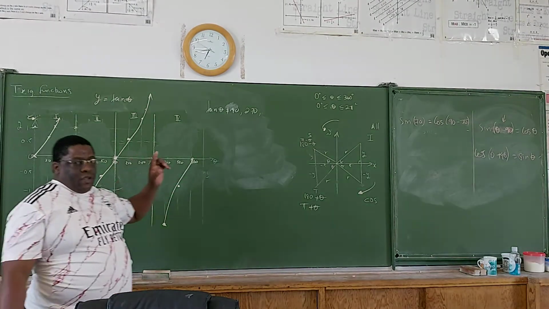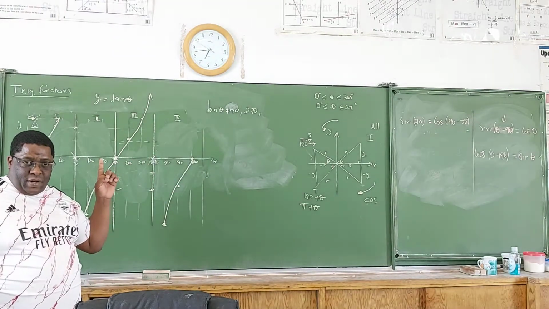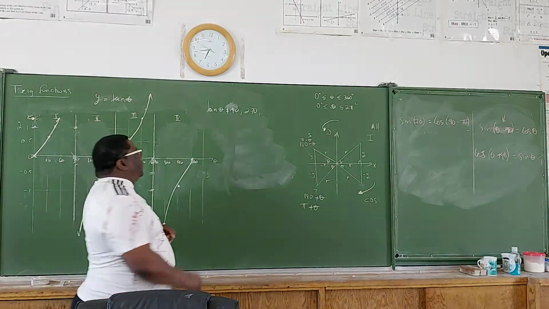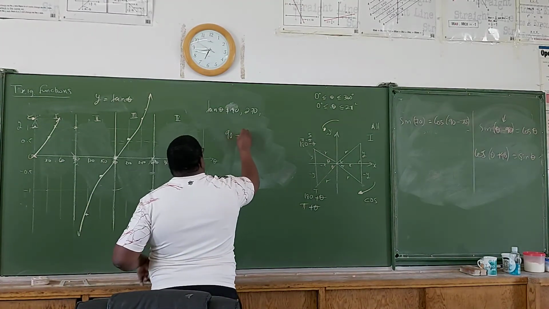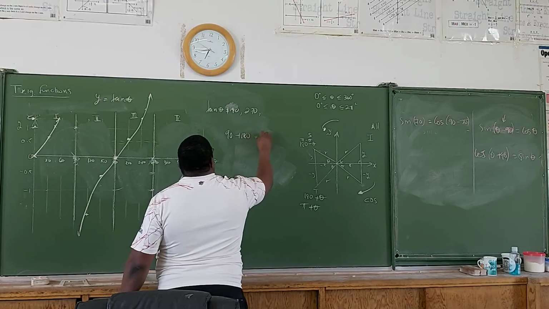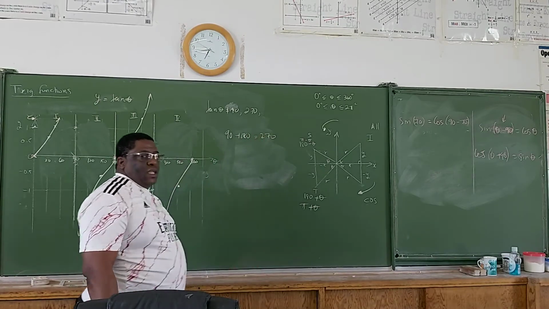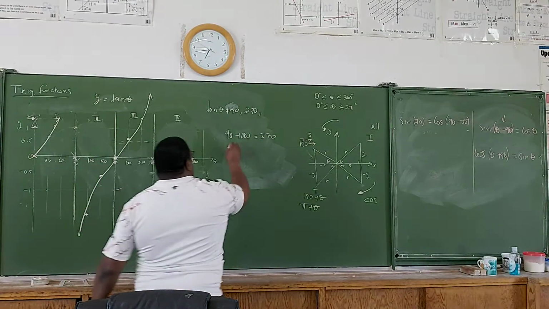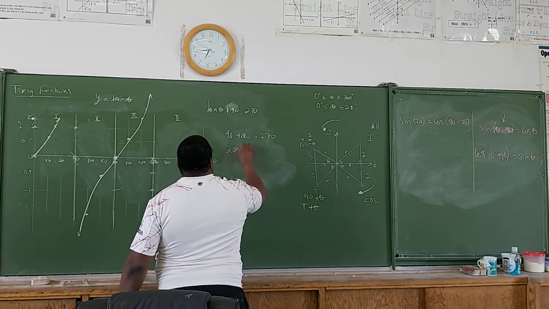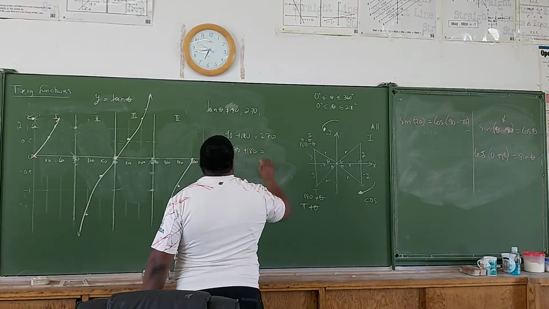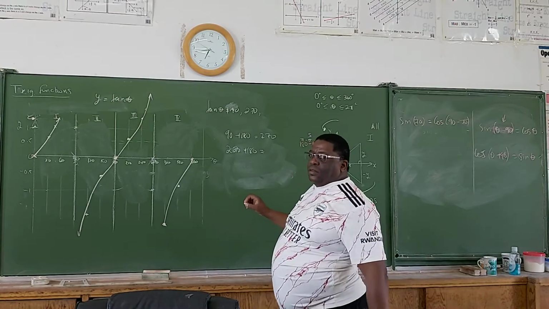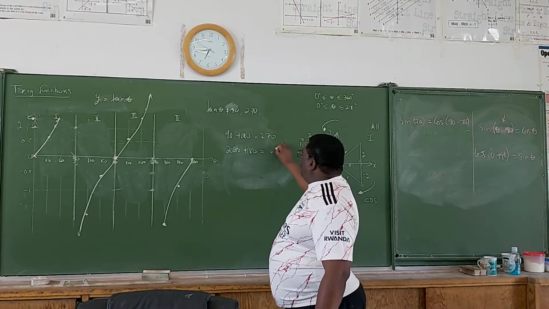So first we start with 90. Right? Good. So 90 plus 180. You see what? 270. 270 plus 180 gives you 450.